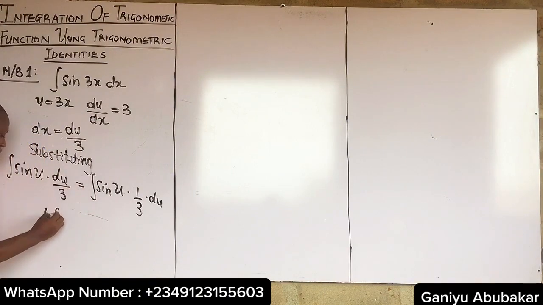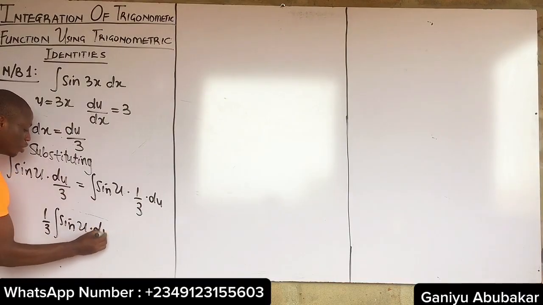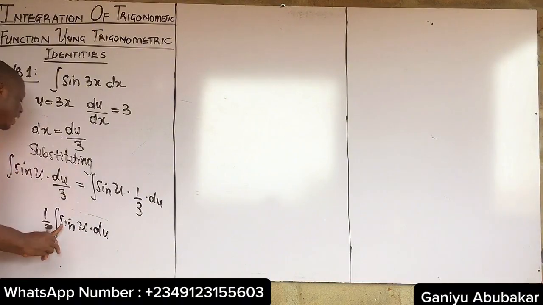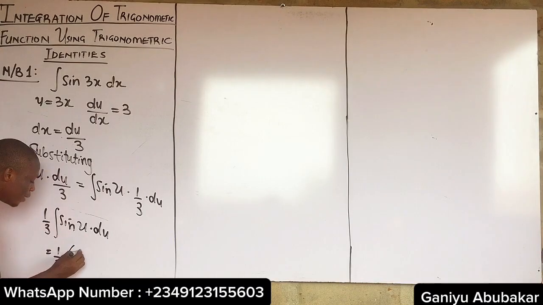The integral sign of what? Sine u du. Now at this point, if I integrate sine u, I'll have minus cos u. So I'll have 1 over 3 times the integral of sine u, which is minus cos u.